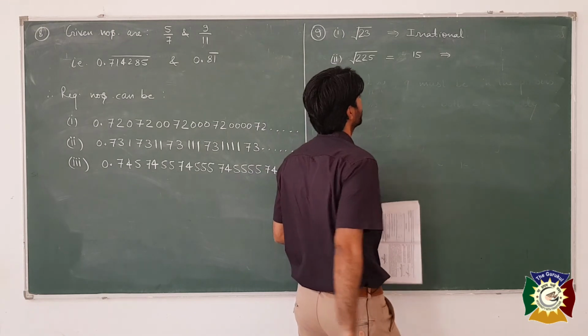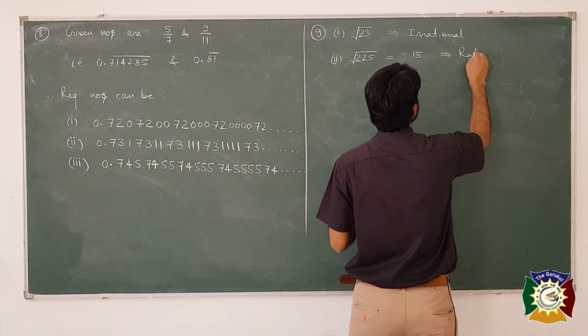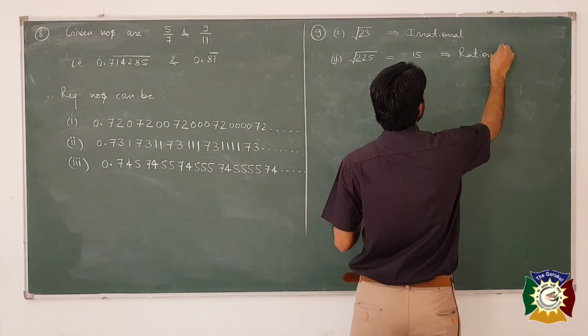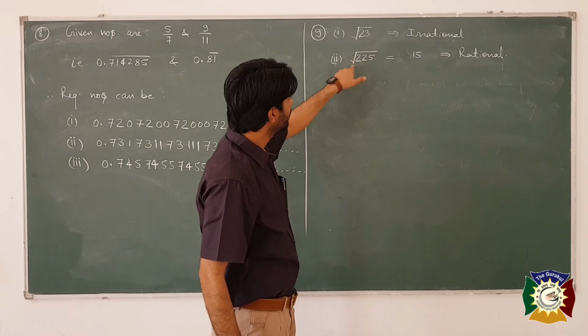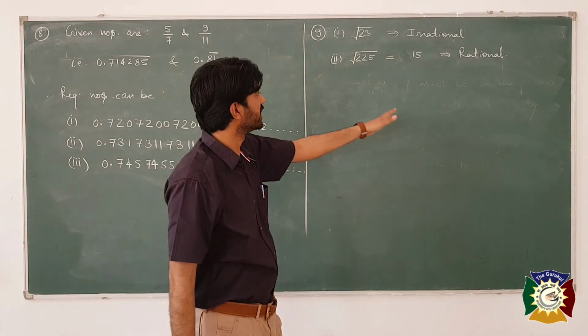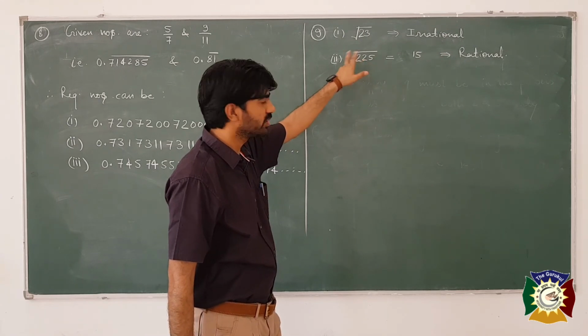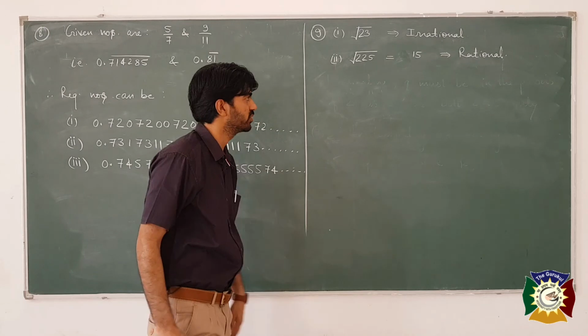So we will write only positive 15. So it is rational. Whenever we write square root of 225 as a number, it is plus minus 15, but when we put the radical sign, it means only the positive root.